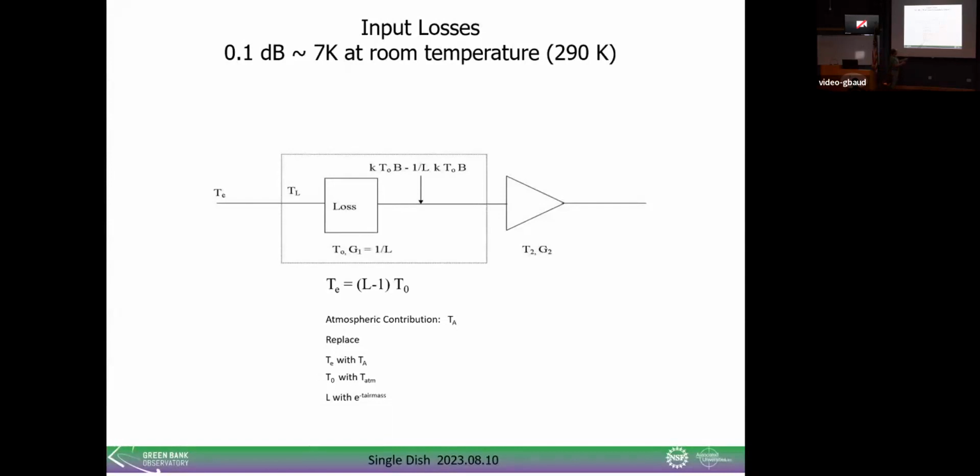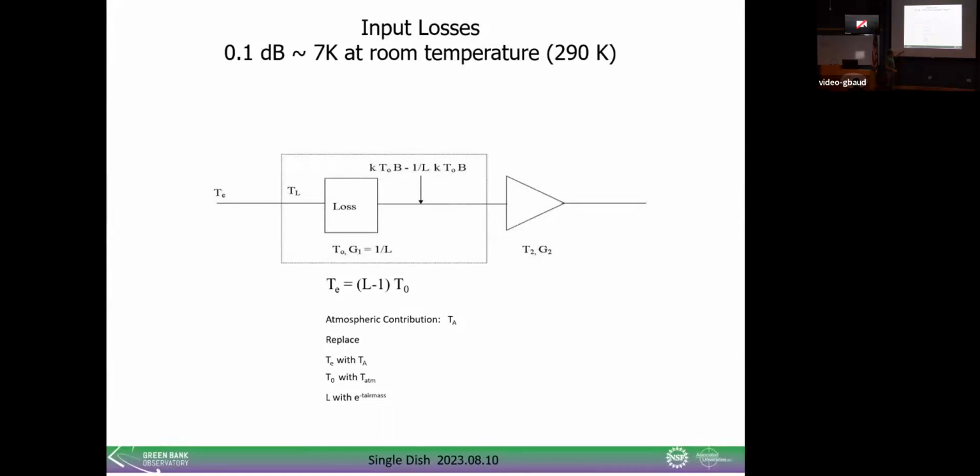If you want the effective temperature of the atmosphere, you want to find the equivalent atmospheric contribution as far as thermal noise. In this diagram, you replace Te with Ta, the physical temperature with the actual measured atmospheric temperature, and the loss with tau. It should be tau times the atmosphere temperature.